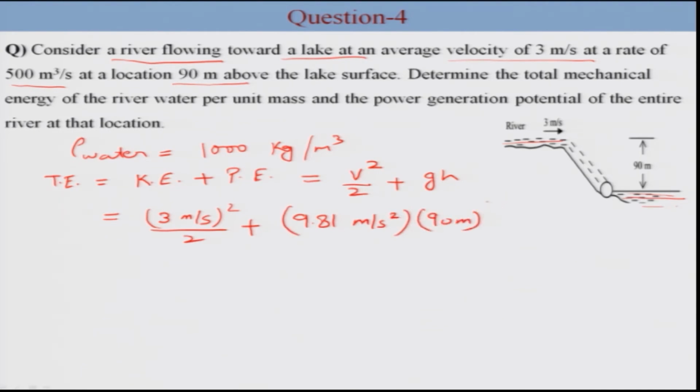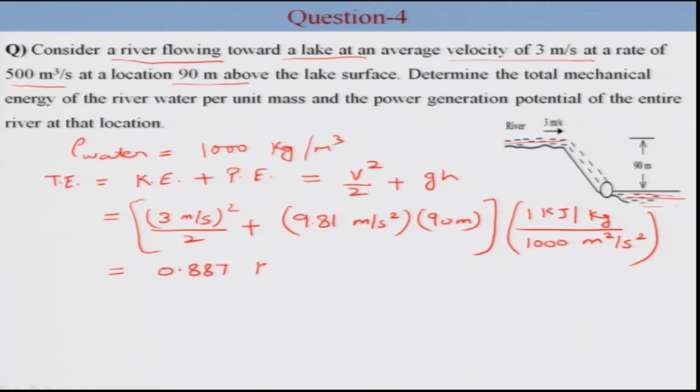Now, if we convert this to kilojoule, 1 kilojoule per kg is equivalent to 1000 meter square per second square. Simplifying this, it gives a value of 0.887 kilojoule per kg. This is the total mechanical energy of the river water.